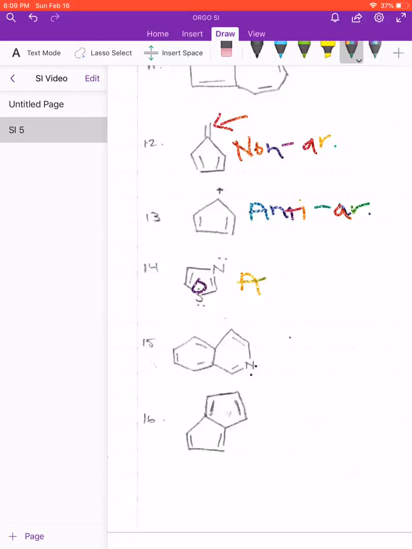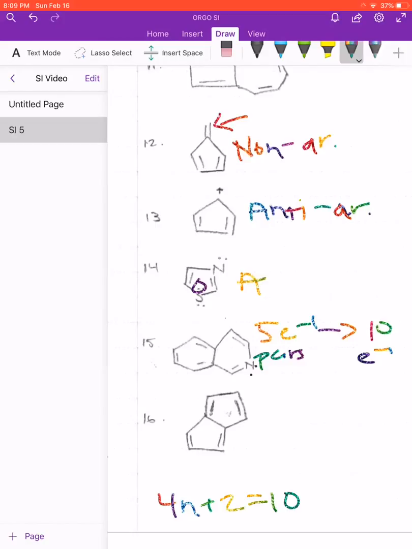But does it follow Huckel's rule? So if we have 5 electron pairs, which means we have 10 electrons in total. So again, if we do 4n plus 2 equals 10, does this give us a positive integer? So we have 4n equals 8, so we have n equals 2. So we have a positive integer, we have an odd number of electron pairs. This molecule is aromatic.